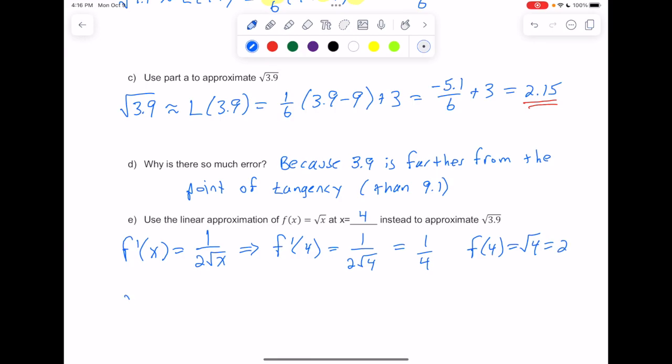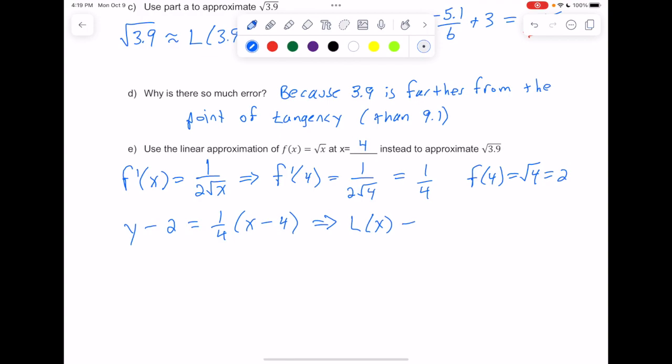And then we can get our tangent line by doing y minus the y-coordinate, which is 2, equals the slope of 1/4 times x minus the x-coordinate, which was 4. And then we add 2 to both sides, and we change from writing y to writing L of x for the linear approximation.